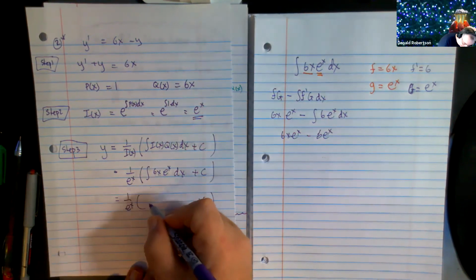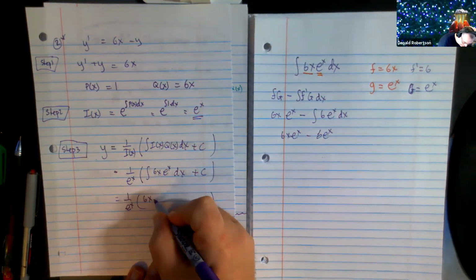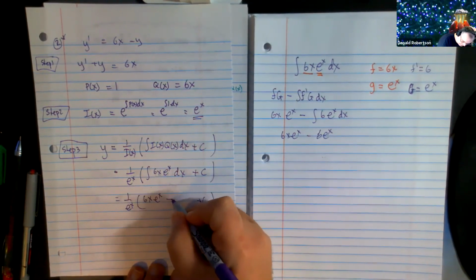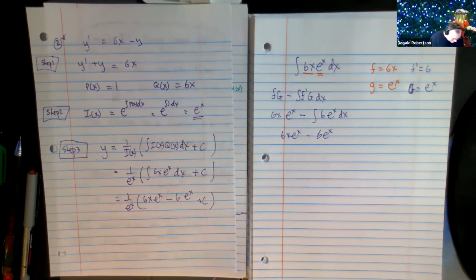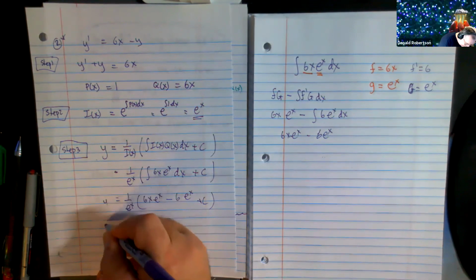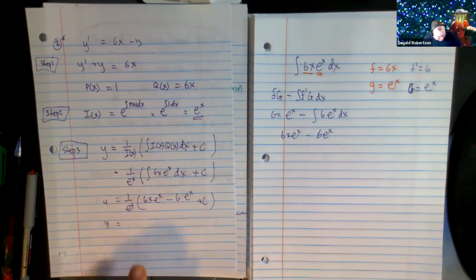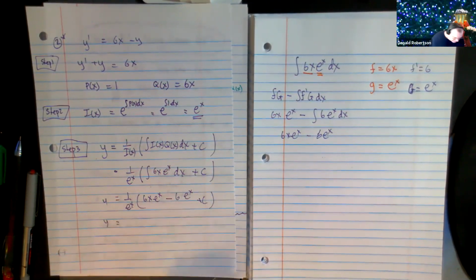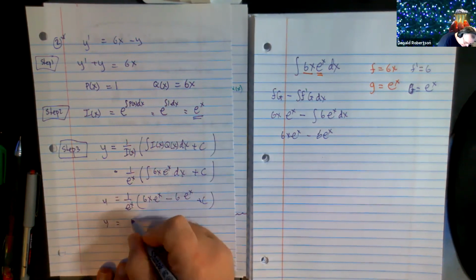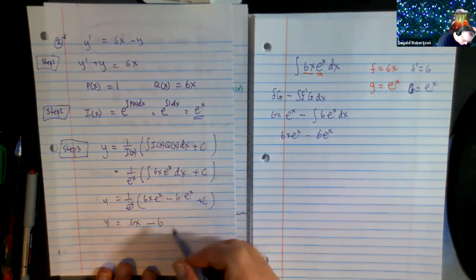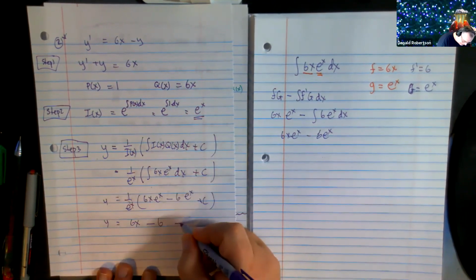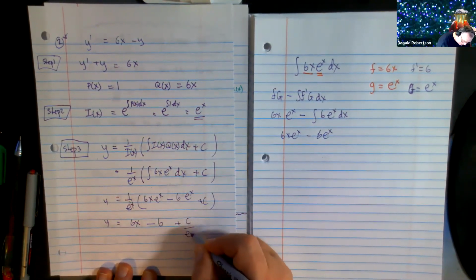So in here, I'm going to go 6x e to the x, take away 6 e to the x. And I think it would be a good idea to multiply through. This guy times this guy gets me 6x. This guy times this guy gets me minus 6. And this guy times this guy gets me c over e to the x.